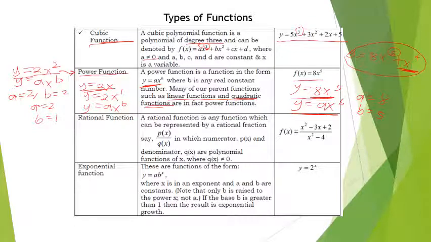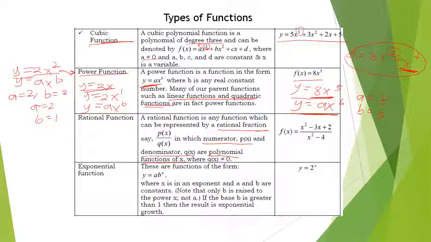Okay. Rational function. A rational function is any function which can be represented by a rational fraction, say p of x all over q of x, in which numerator p of x and denominator q of x are polynomial functions of x, where q of x is not equal to 0.